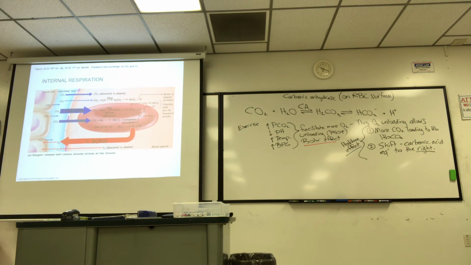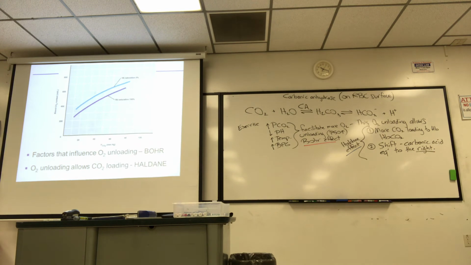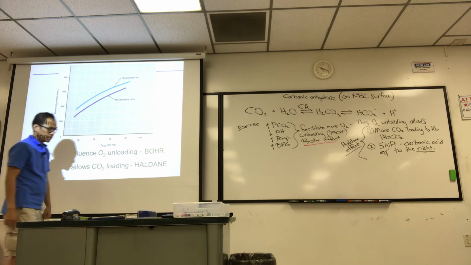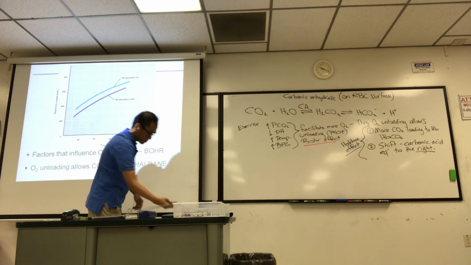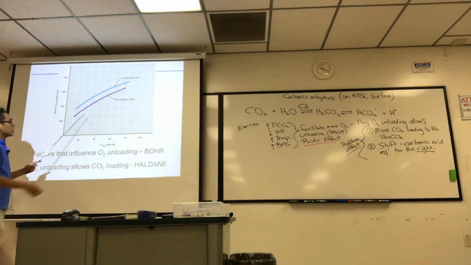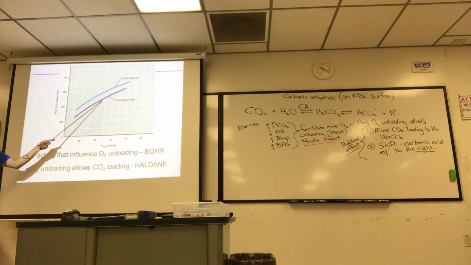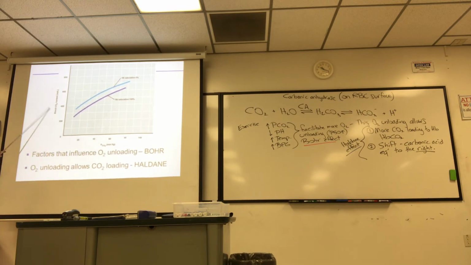Now, if you want to look at a graph of that, this is a graph of Haldane. Factors that influence O2 unloading, that's Bohr, but then Haldane is CO2 loading. What this graph is saying: if hemoglobin is 100% saturated, dark blue line, that's how much CO2 you could get in the blood.